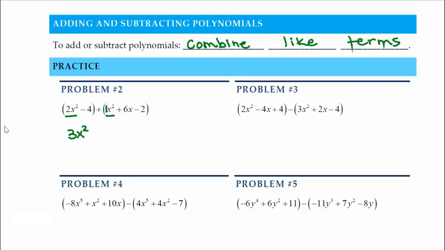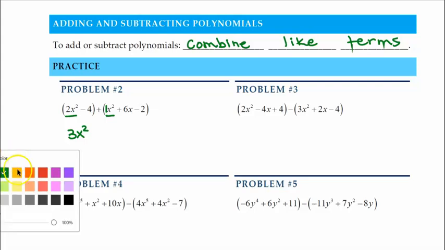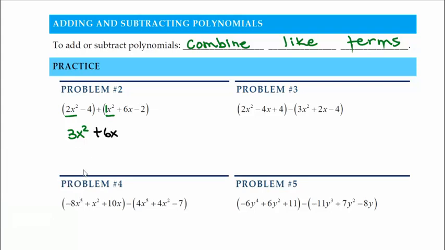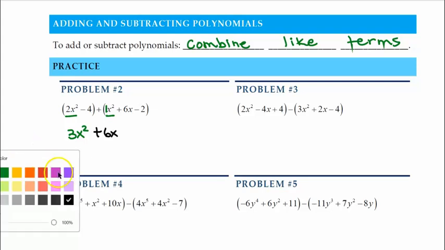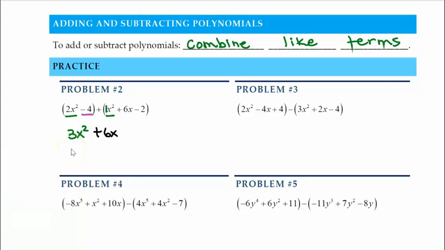And then plus 6x. Again, there wasn't anything to add with that one, but we need it as part of our answer. And then our -4 minus 2, which would be -6. Now I have all of those like terms put together, so that is my answer.